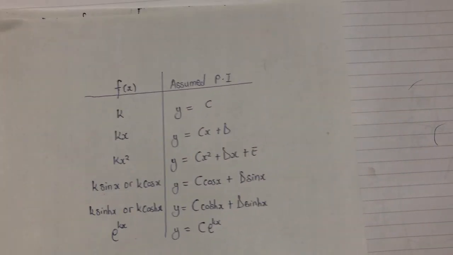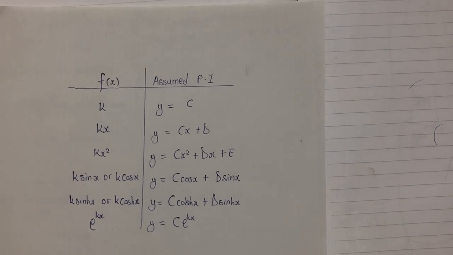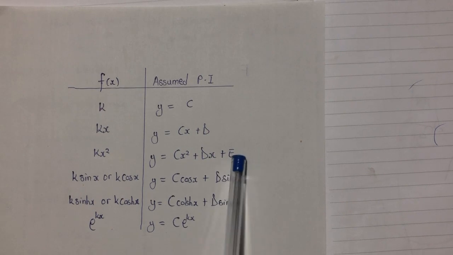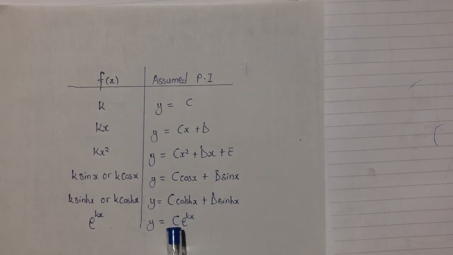Before I talk about the particular integral solution, as a student, it is very important that you have gone through the particular integral solution, the way you should write the general solution for y in order to be able to calculate the coefficients or the constants.